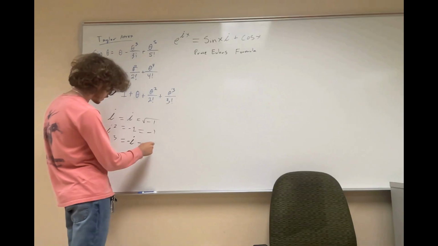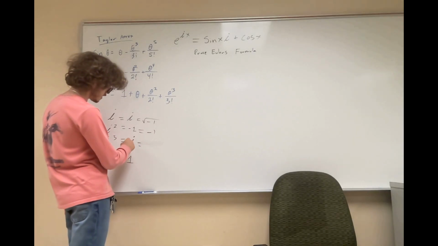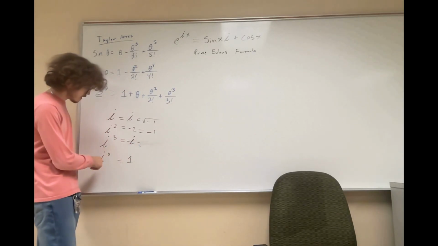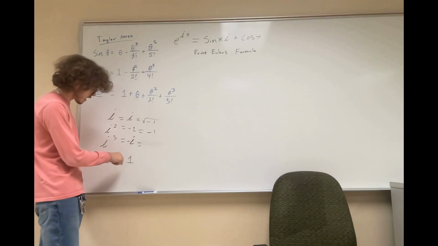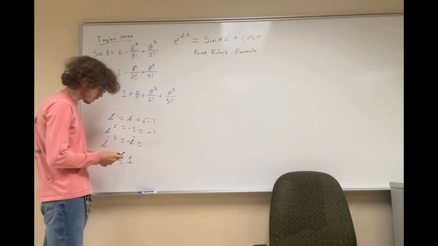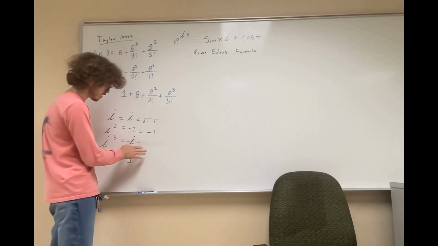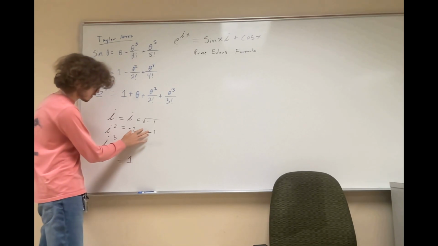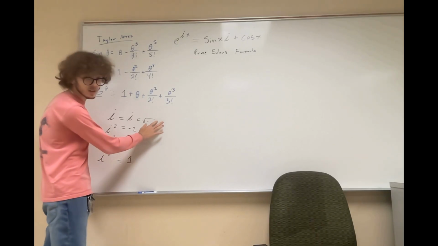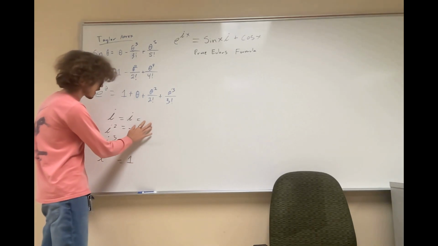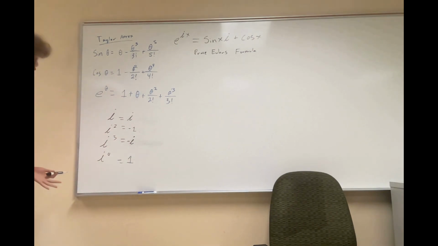And then -1 times i is going to be -i, right? And then multiply that by i again, we're going to get 1. So hopefully you can follow that. I won't go into too much detail further than that, but if you can rationalize it, I hope you see the pattern. So we've laid the groundwork of the idea. Now let's go ahead and do it.